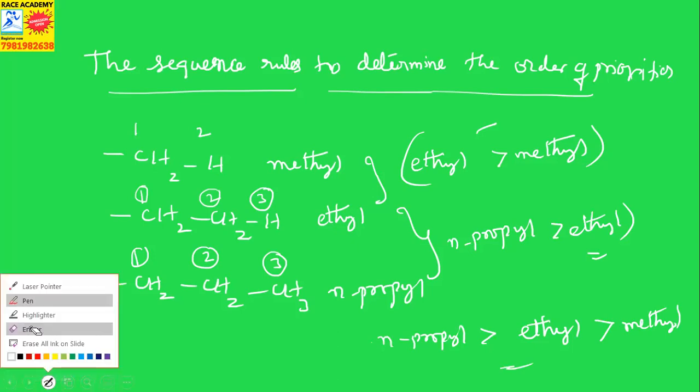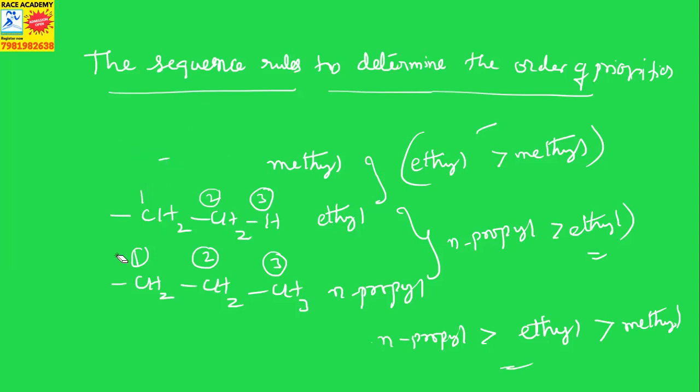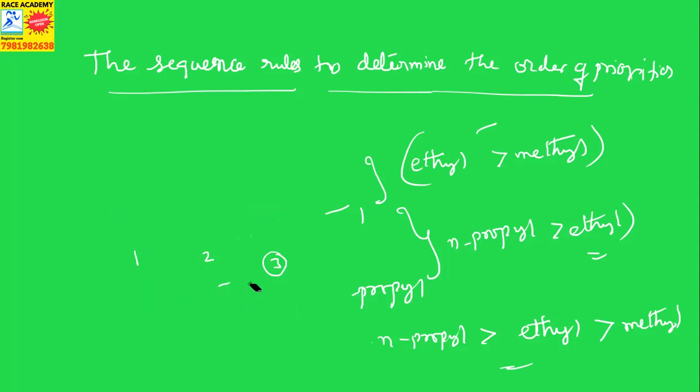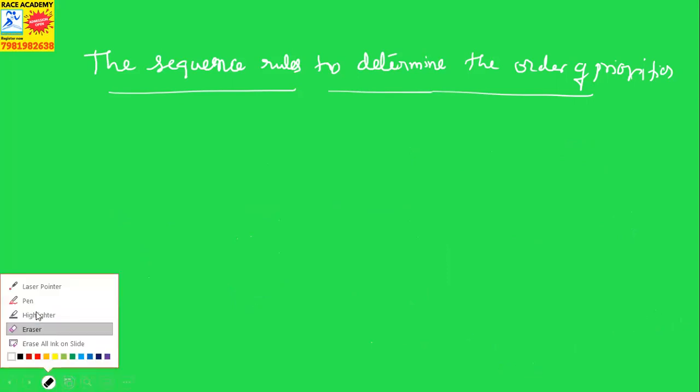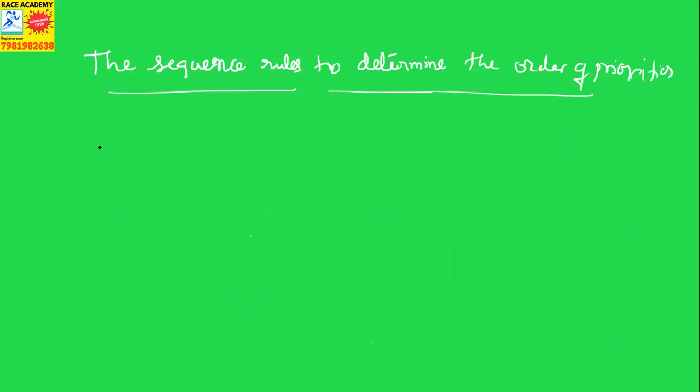And next, moving on to the other one, the first atoms of the two groups have the same substituents. Here we discussed carbon chains, but now we are going to discuss when the first atom attached to the carbon is the same. How can the condition be understood? For example, if you take CHCl2, and another one, CH2Cl.